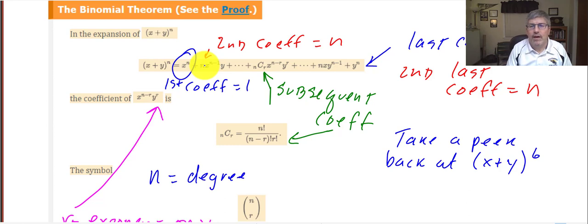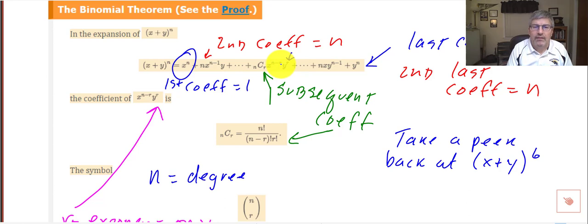This is just a mathematical way to show that our exponents are decreasing on x and increasing on y. One thing to notice, our r is the exponent on y, and our exponent on x is n minus r. That's going to be helpful for us.